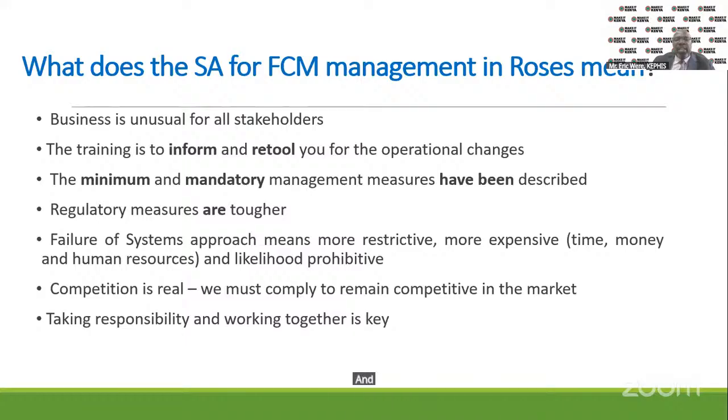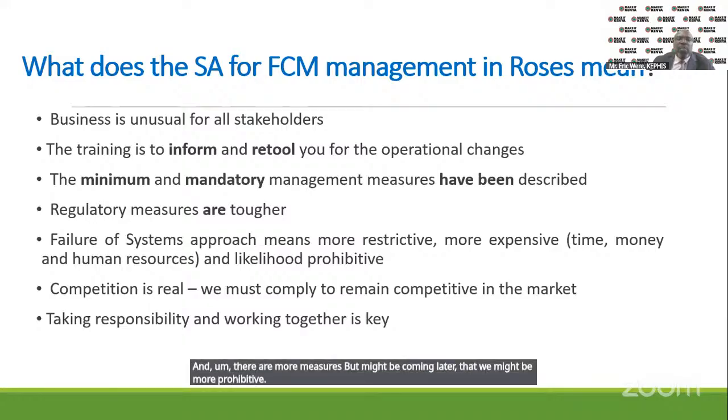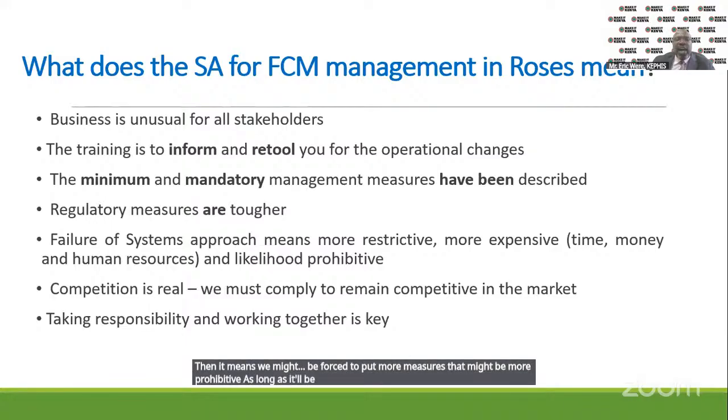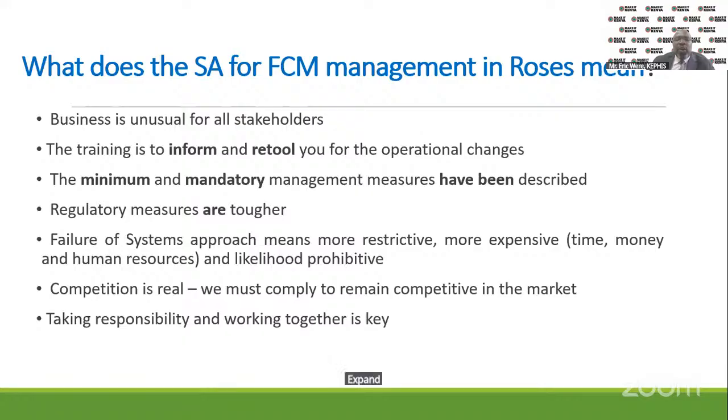And there are more measures that might be coming later that might be more prohibitive. Because the moment a pest is detected in our consignments, it means we might be forced to put in more measures that might be more prohibitive, as long as they'll be more effective and we'll be able to maintain and secure our market, and also expand our rose cut flower export to the EU.